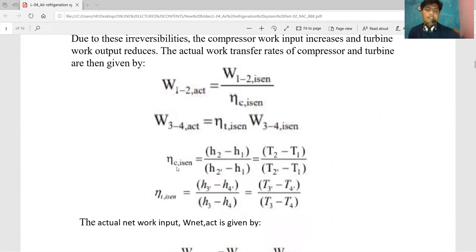The efficiency of the compressor is equal to T2 minus T1 divided by T2' minus T1. We can remember it as a small difference T2 minus T1 divided by a large difference.